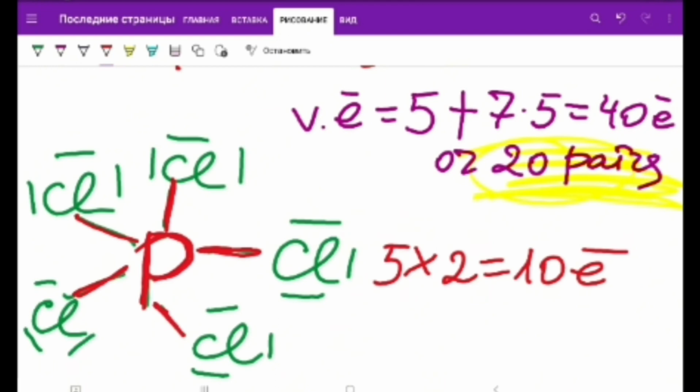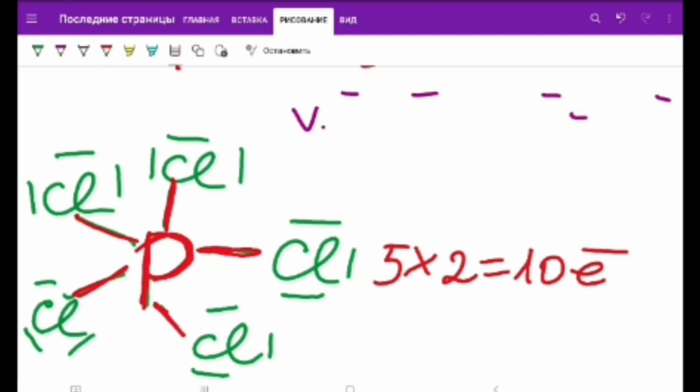This is for the elements of the third period, which have an empty 3d orbital. You will write 3d0. This d subshell, which has empty orbitals, is considered to be free to accept more electrons.